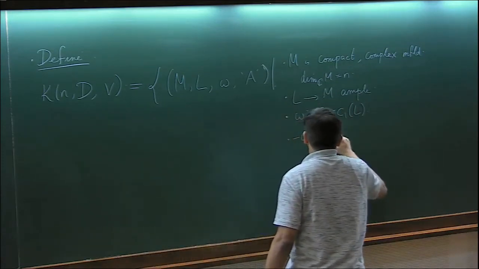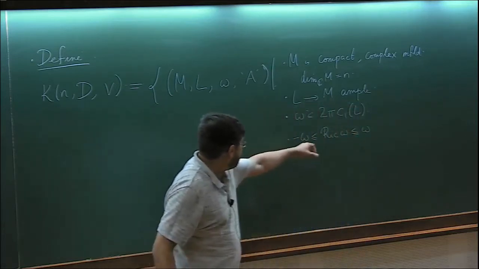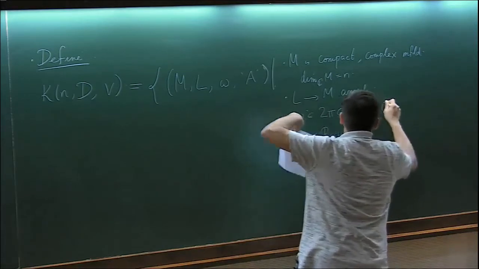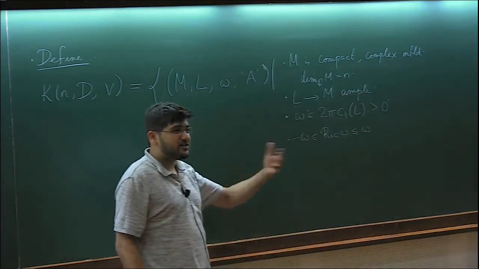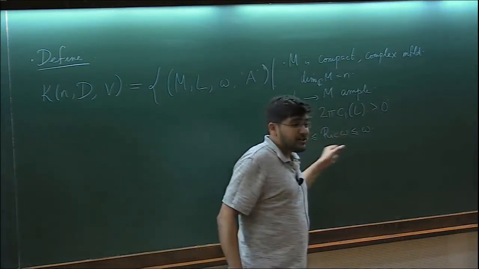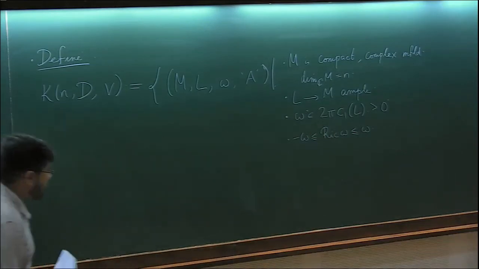The Ricci curvature of omega, I'll get to this in a minute, but I want this omega to be a positive form. Such omegas are called Kähler forms. They give rise to Riemannian metrics. I want the Ricci curvature of that Riemannian metric to be lower bounded by -1 and upper bounded by 1.